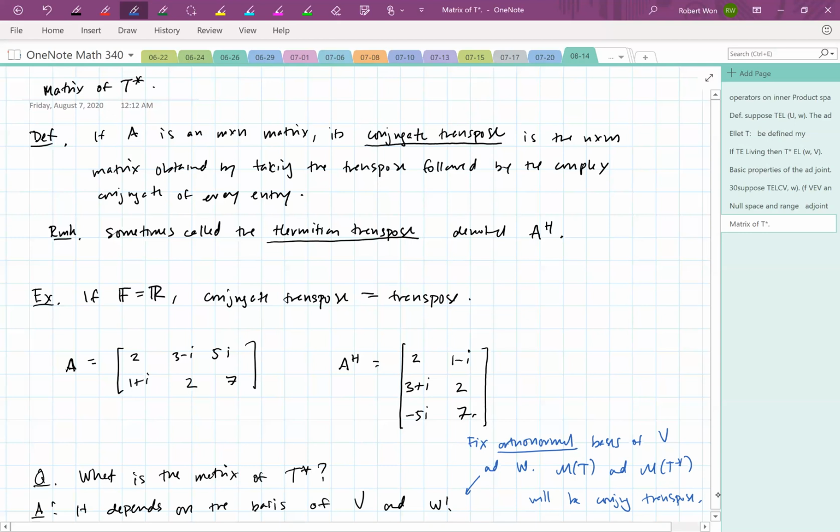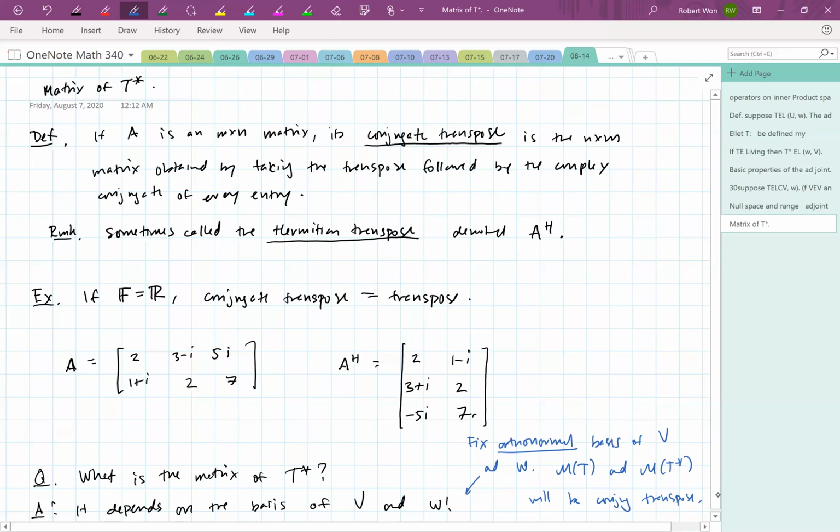This is an example of why you sometimes want to take an abstract approach to understanding something. For example, maybe in some class at some school, you could try to define the adjoint of a linear map by saying, every linear map between finite dimensional vector spaces is given by some matrix, and the adjoint is the conjugate transpose of that matrix.